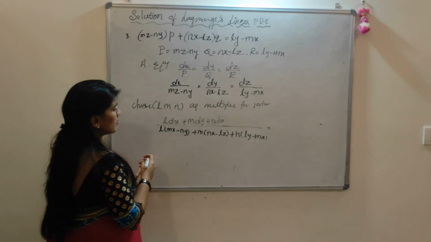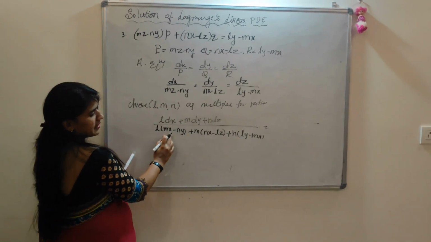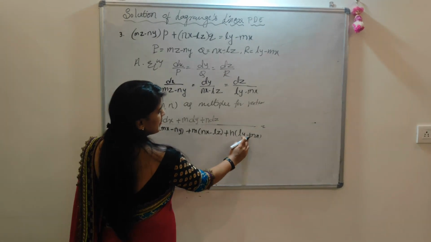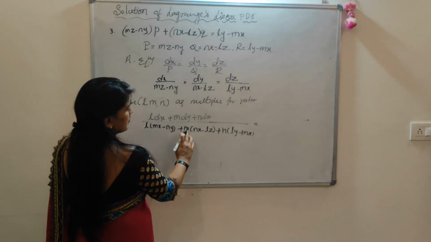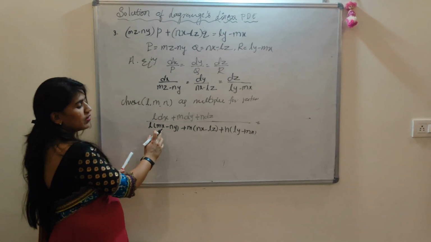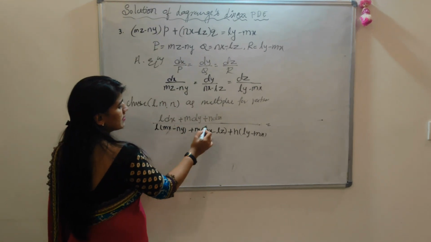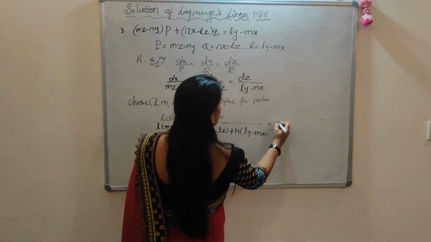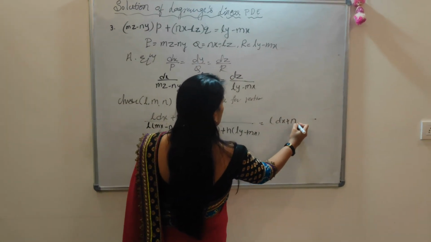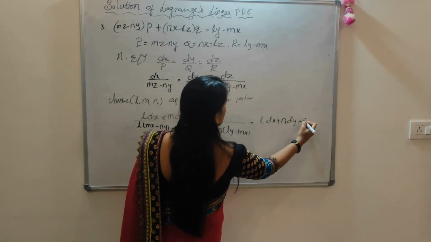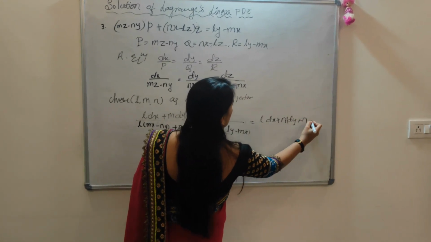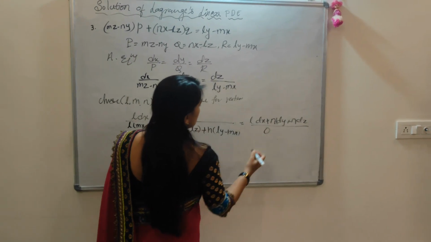So, you can observe here plus lmz, similarly minus lmz is there, minus mnx, so here also all terms get cancelled. So, we have l dx plus m dy plus n dz divided by 0.